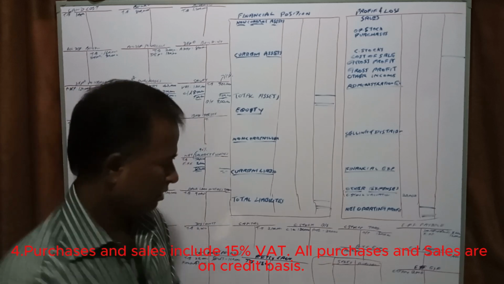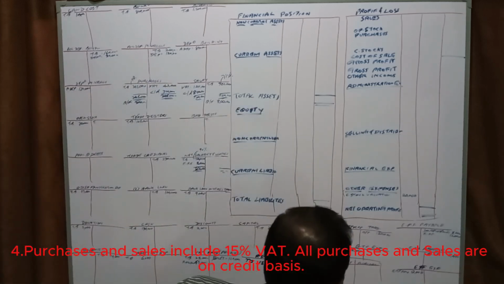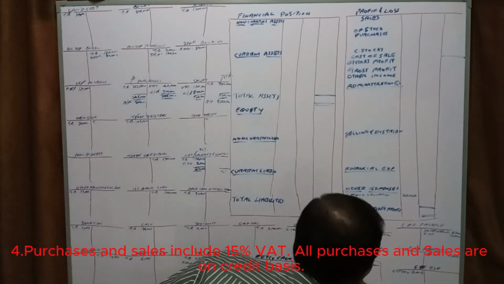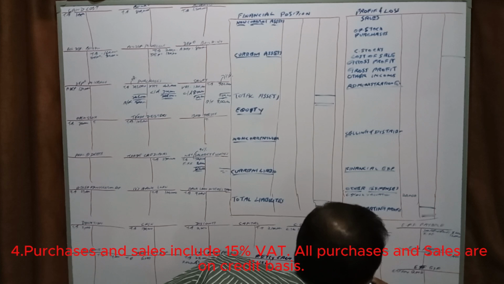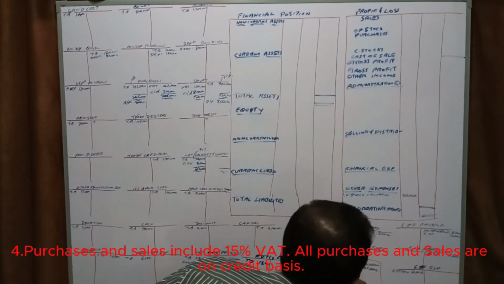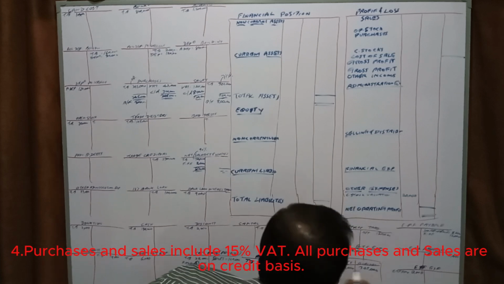This is as per the trial balance. They say 345,000 purchases and sales is 920,000. This includes VAT.